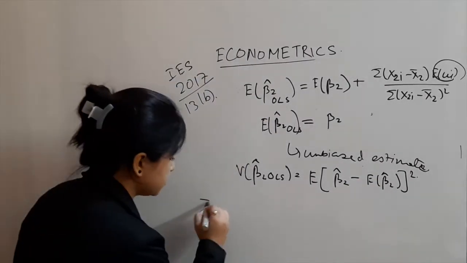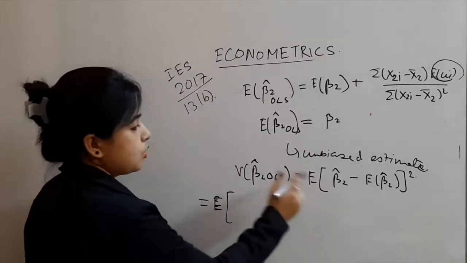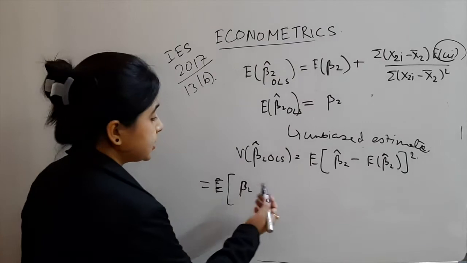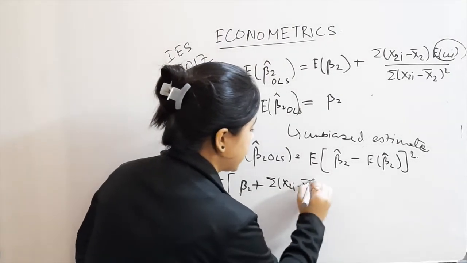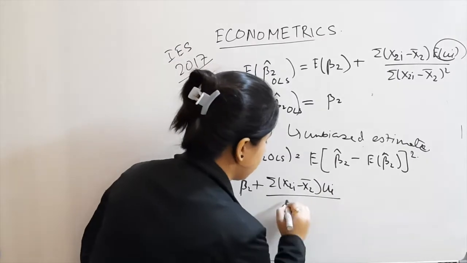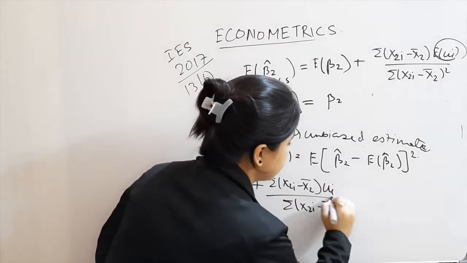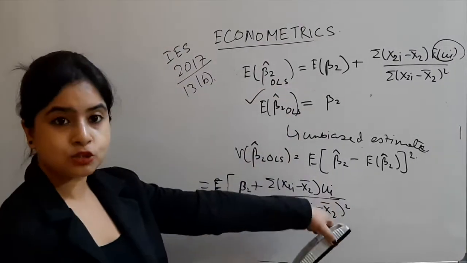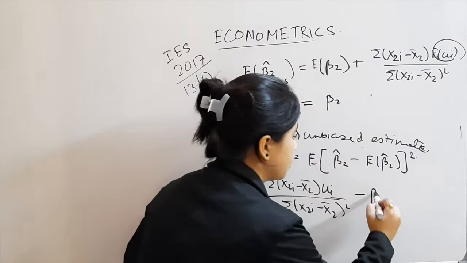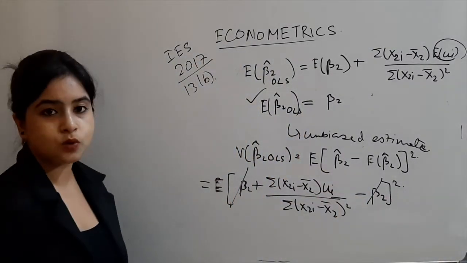Let's write from here. This is beta 2 plus summation (x2i − x2 bar) ui divided by summation (x2i − x2 bar) whole square, and the expectation of beta 2 OLS is beta 2 again. So we can easily just cancel these two out.